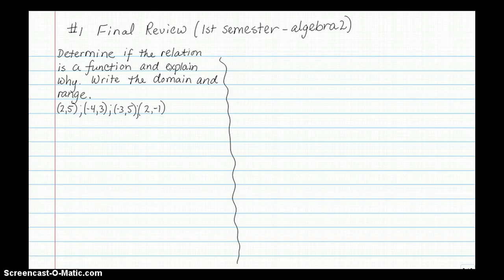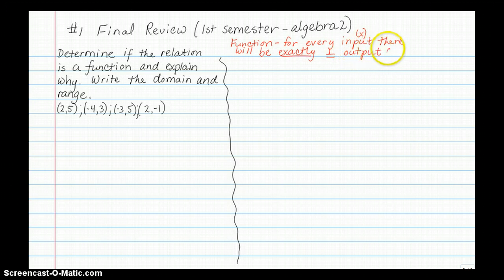And remember, the definition for a function is, if a relation is a function, for every input, that's your x value, there will be exactly, and that was a key word there, exactly one output.